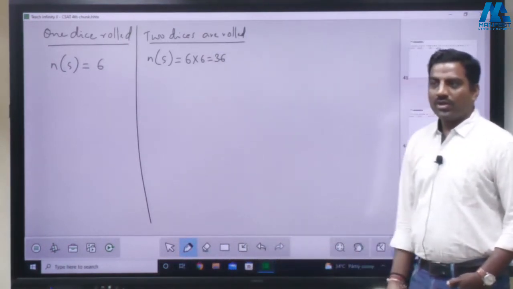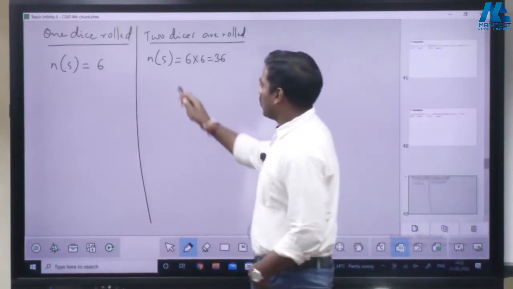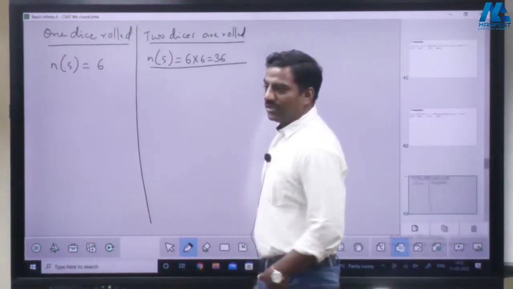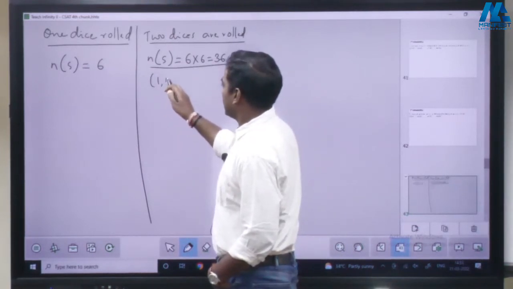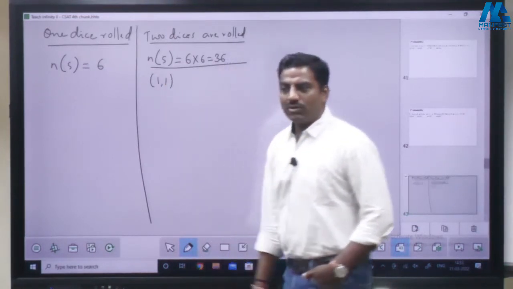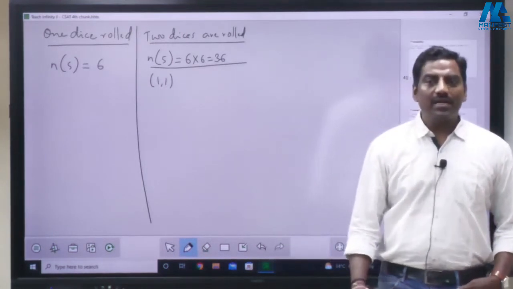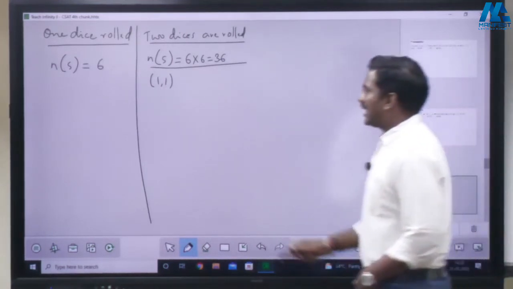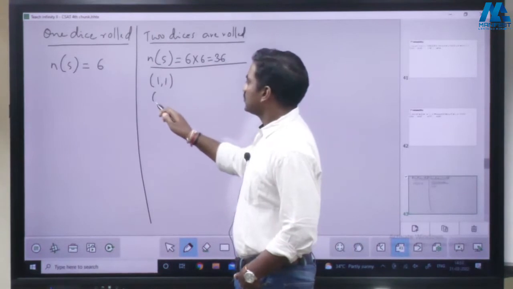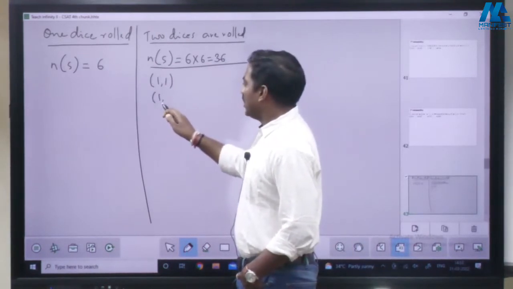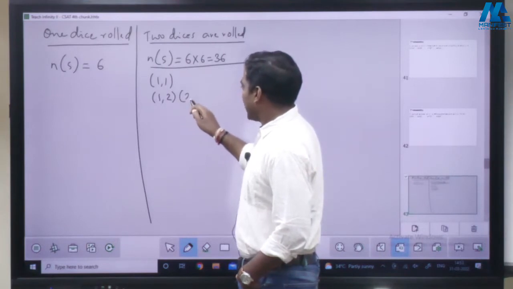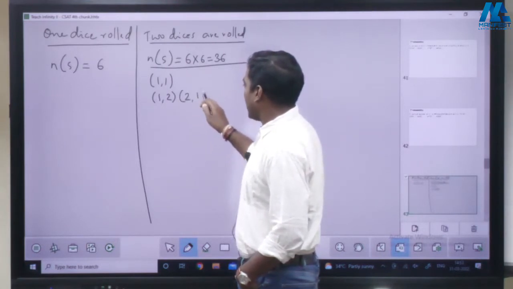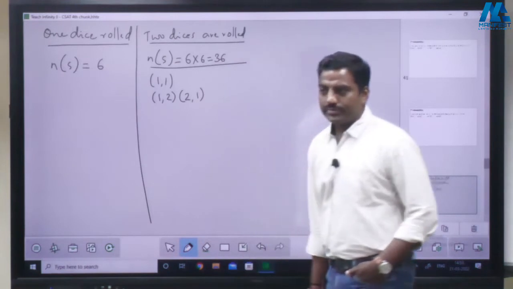So what all are those chances? This first one is very basic. 1 and 1, no? Both the dices are reading 1. Second, first is reading 1, second is reading 2, or second is reading 1 and first is reading 2.